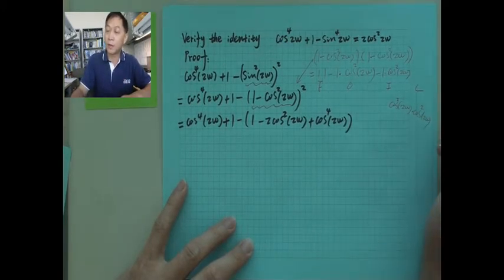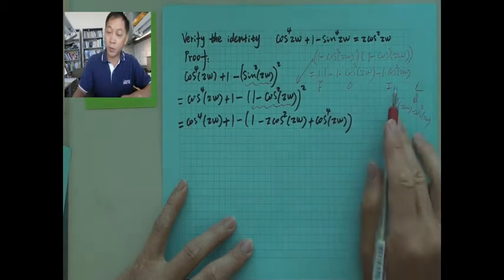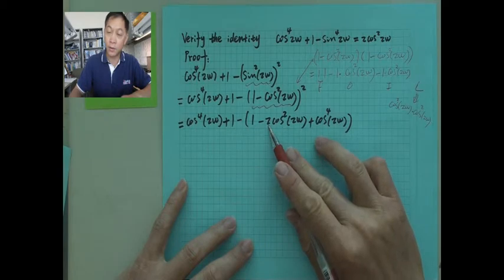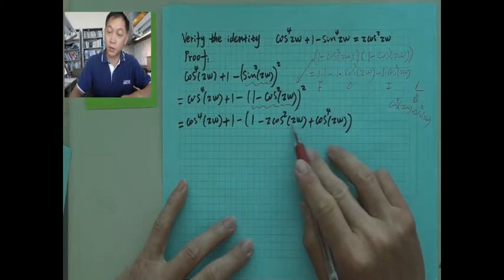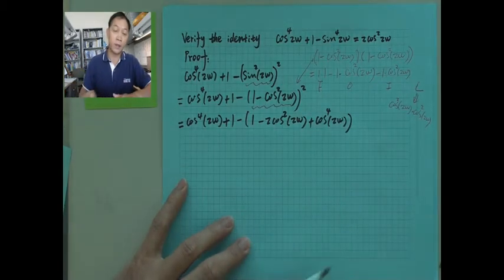Okay, that's the last one. And then squared, squared, that's the fourth. Put those 2 together, because 1 plus 1 is 2. Cosine 2 omega squared. And 1 times 1 is that. Okay, that's the detail over there.